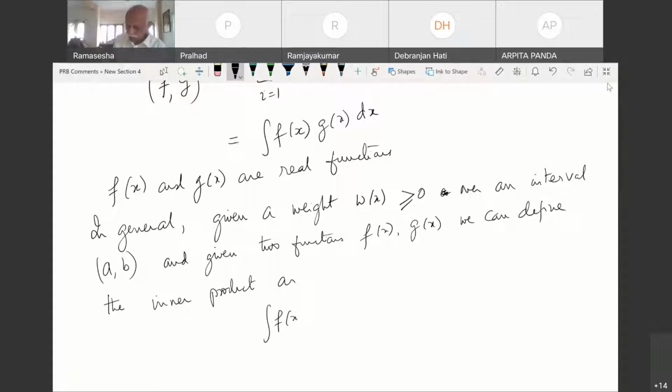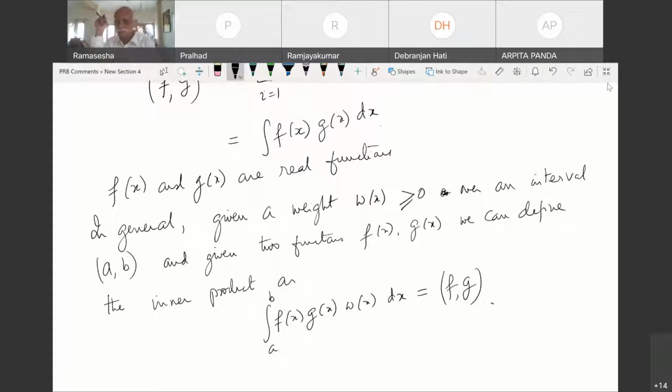So this is equal to (f, g). Okay, so the only difference between the expression that I have written here and the expression I'm giving here is the weight function. Generally, in the case of vectors, we took w(x) to be 1 throughout.